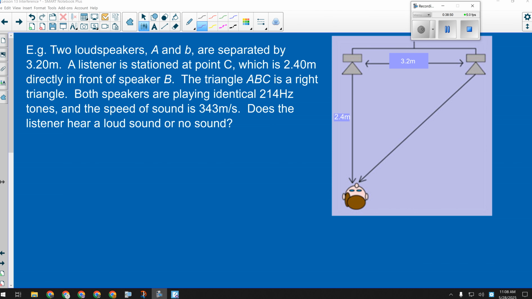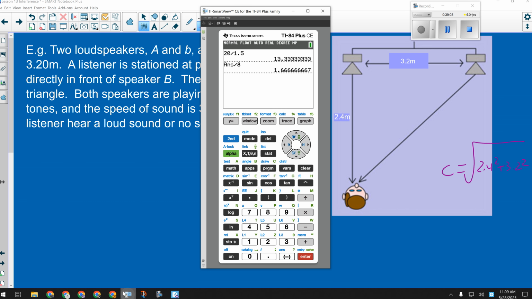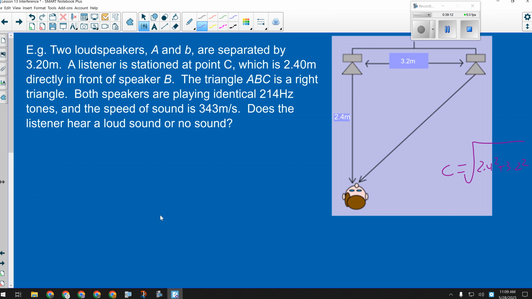So I just got to do a quick Pythagorean theorem calculation to get this side here. C equals the square root of 2.4 squared plus 3.2 squared. All right, great. That side's exactly 4 meters long.